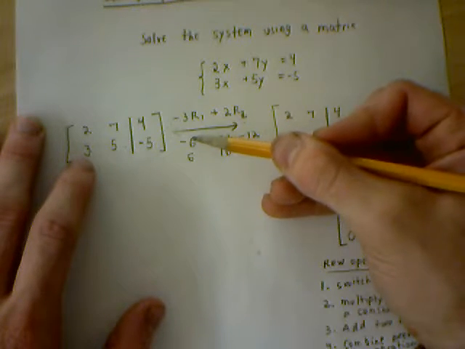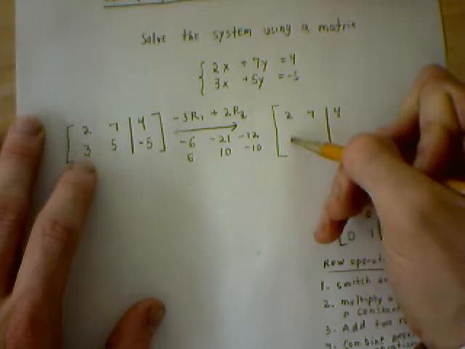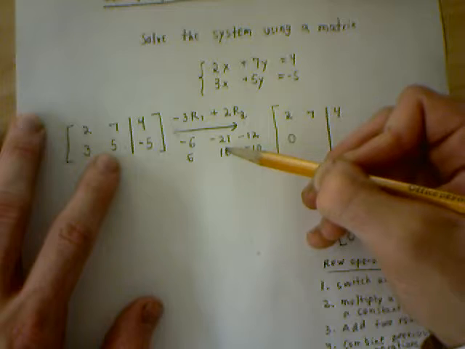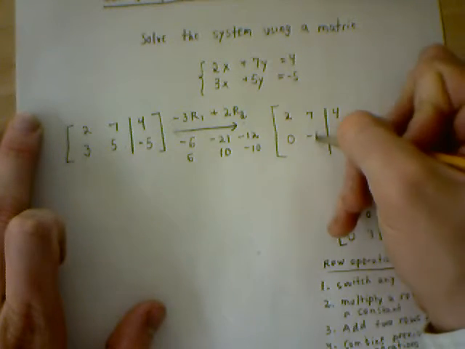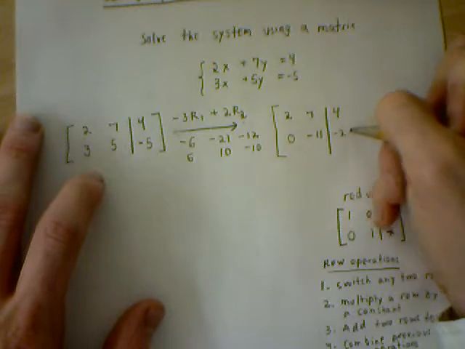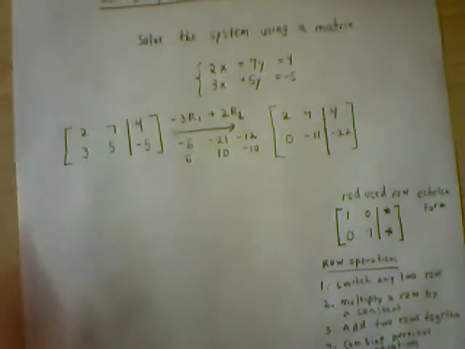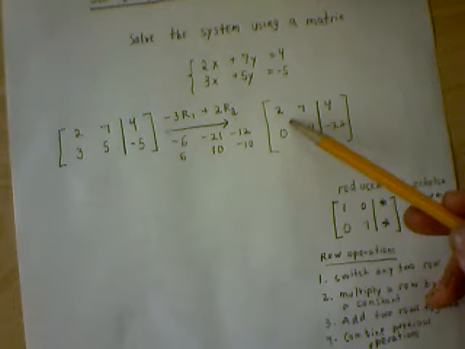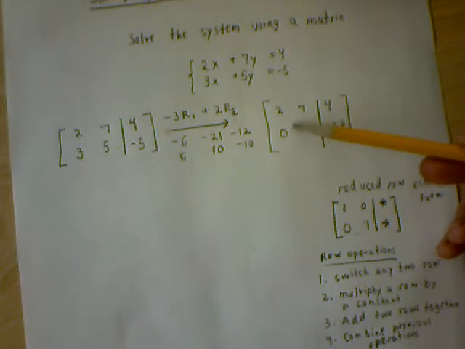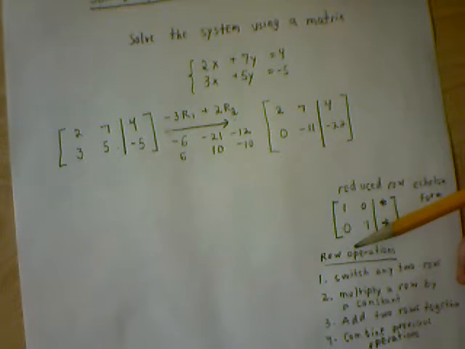Down here, when I add my two rows together, -6 plus 6 is 0. -21 plus 10 is -11. -12 plus -10 is -22. So my whole goal is to get the matrix in this form. I'm starting by first trying to get this element to be 0, so it already matches up.